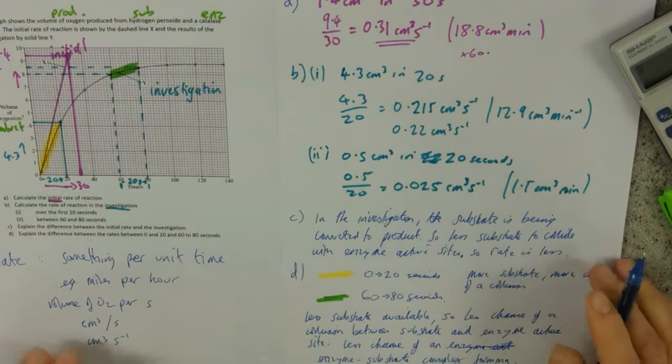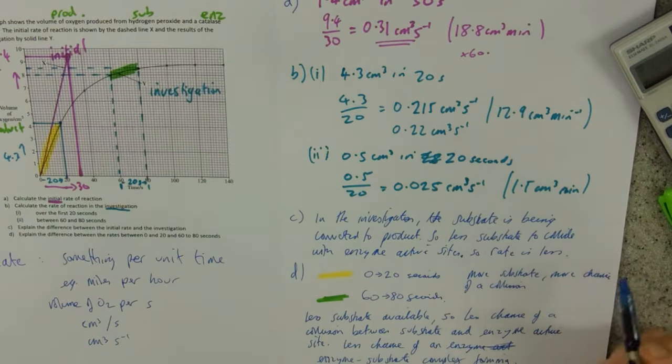It's all about the idea of collisions: if you've got lots of things there, there's more chance of a collision. If there's less things there, there's less chance of a collision.